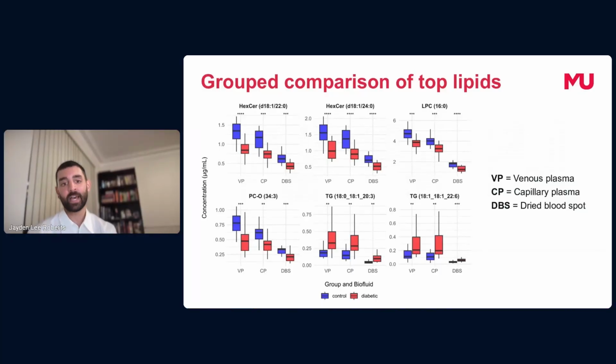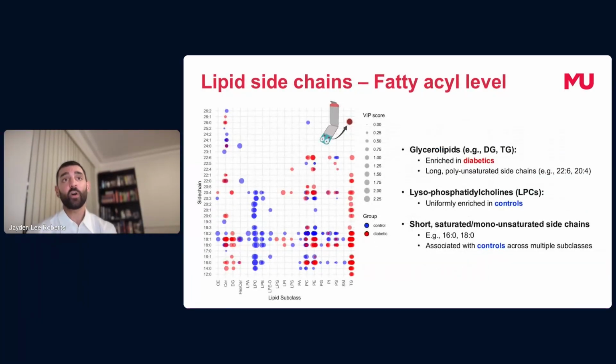After establishing the ability of the DBS to capture this information and being comparable with traditional plasma measurements, we then wanted to look at how structural composition of the individual lipids can distinguish diabetic participants from non-diabetic ones in the DBS sample. And this plot here visualizes the VIP scores of individual lipid side chains across different lipid subclasses at the fatty acyl level, which allows us to see which fatty acyl chain compositions are most influential in distinguishing diabetic and non-diabetic phenotypes.